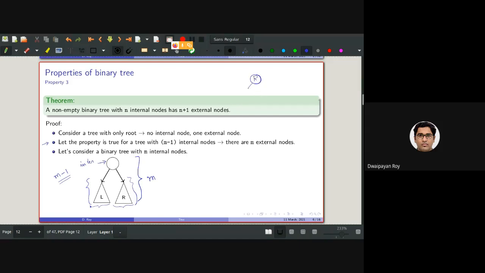Now if I add another node to it, say L, in this case what will be the relation between the number of internal nodes and the number of external nodes? Can someone say?